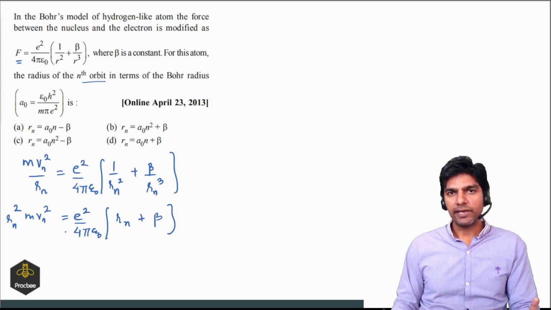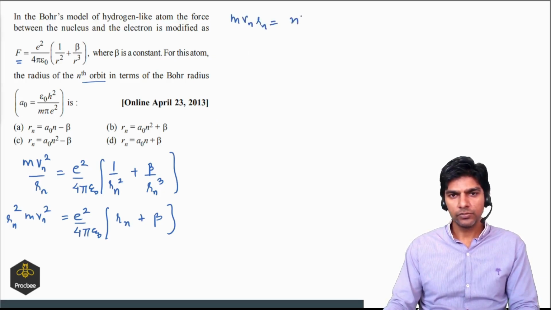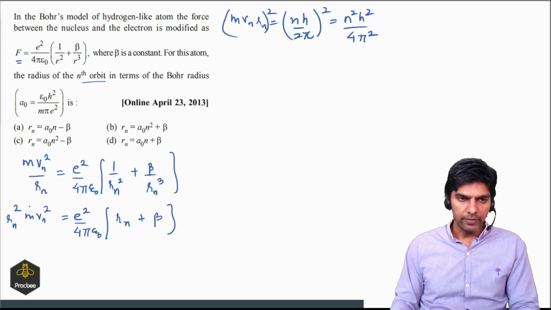Okay, and what is Bohr's second postulate? It is m vn Rn is equal to nh upon 2 pi. And if you take the square of that, we'll get n square h square upon 4 pi square. So if I multiply with m and divide by m on the left hand side, this is nothing but the square of the angular momentum.